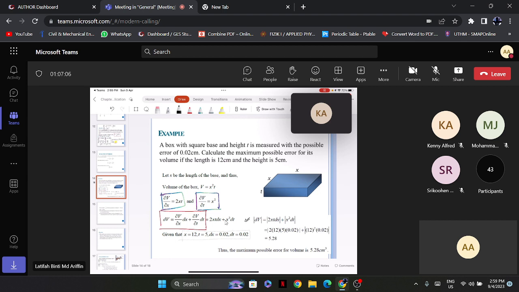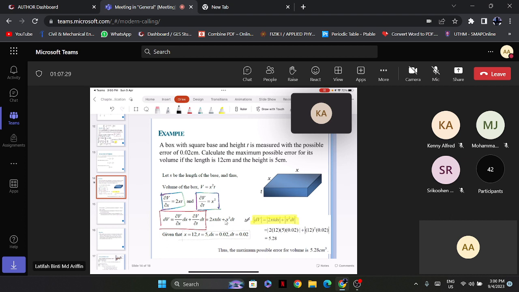Okay, kat sini make sure dekat formula, perhatikan kita punya formula ni dia ada tanda modulus. Kenapa kita gunakan tanda modulus tu? Dalam formula memang diberi seperti itu.